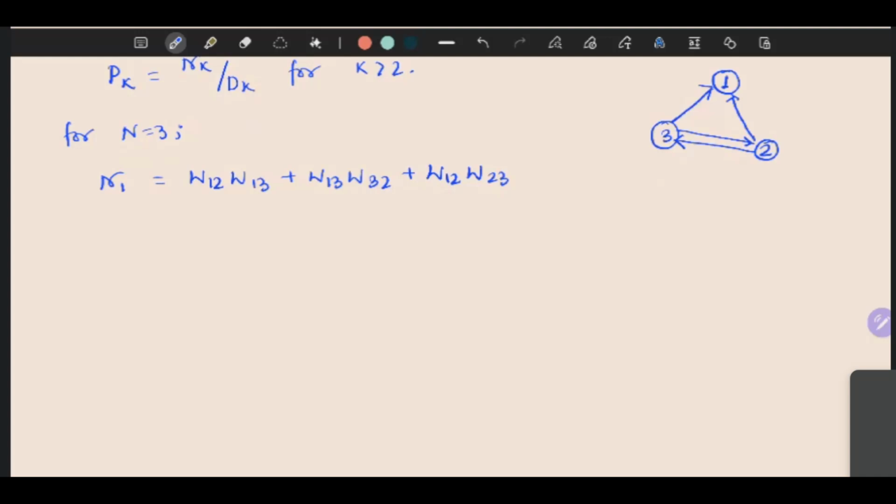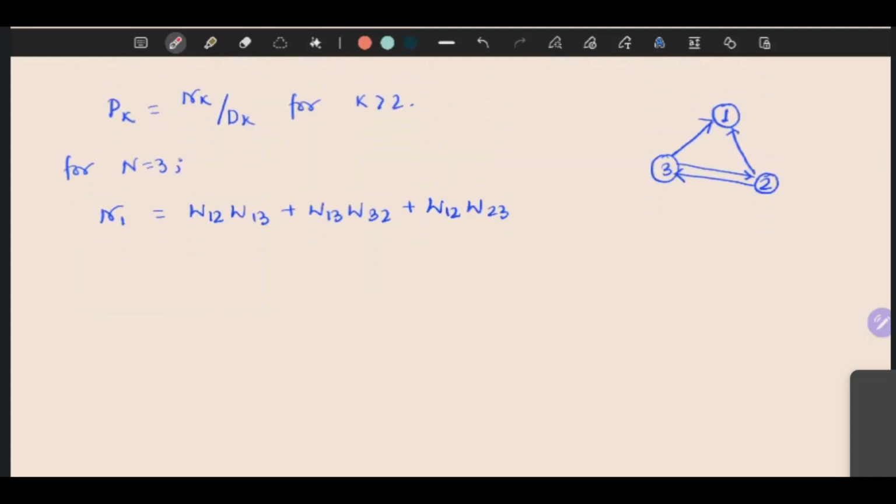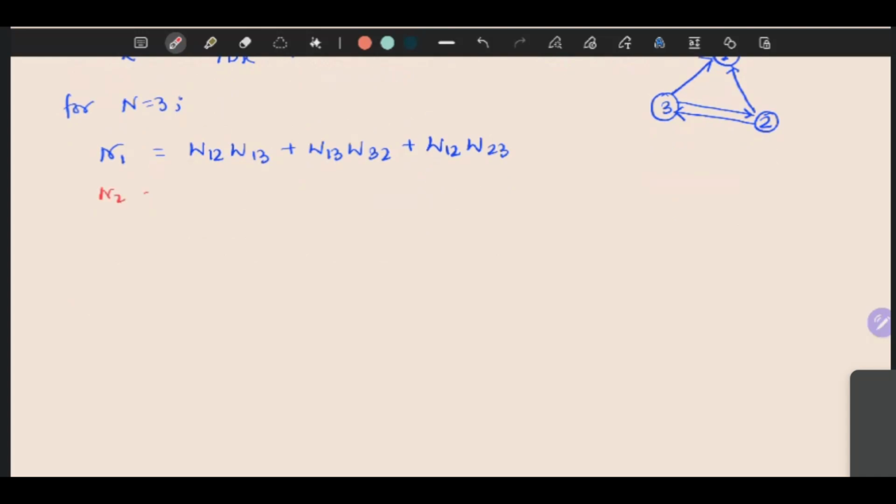So you can see that the stationary distribution is becoming eventually complicated, right. Now in a similar way you have to calculate n2, n3 and so on and so forth.